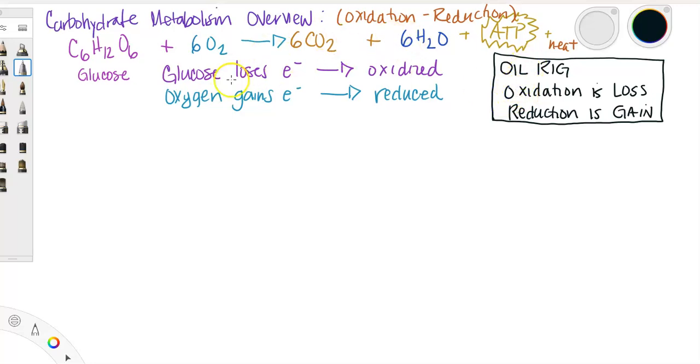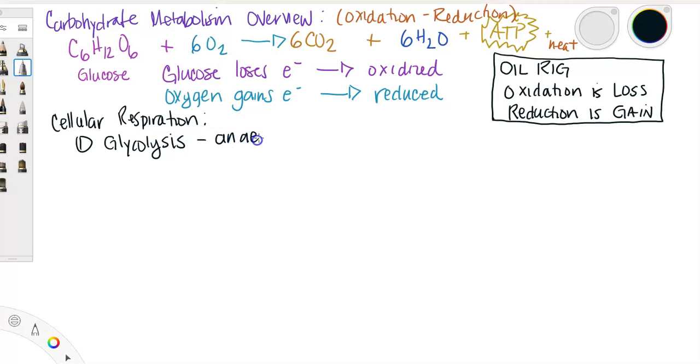Okay, so in cellular respiration, there are basically three things that are going to occur. Okay? The first one is glycolysis. And this is anaerobic. So no oxygen needed.